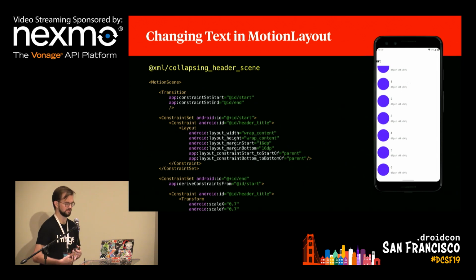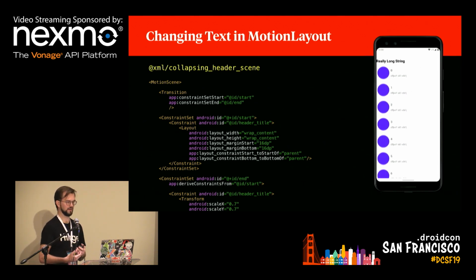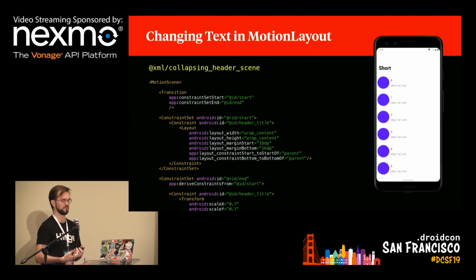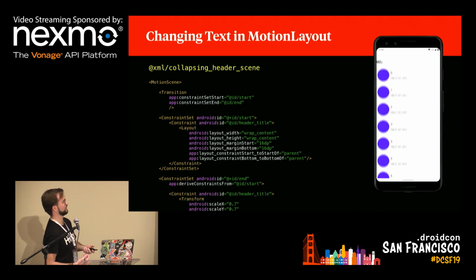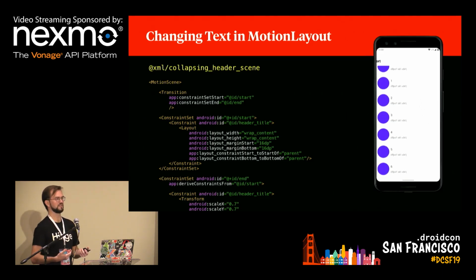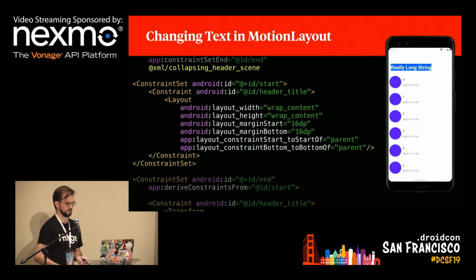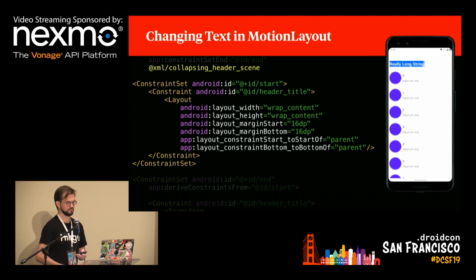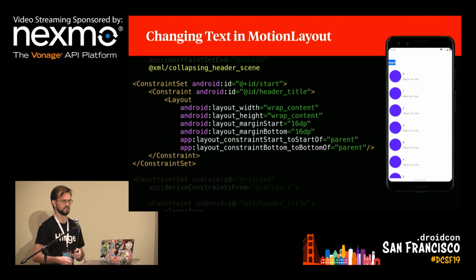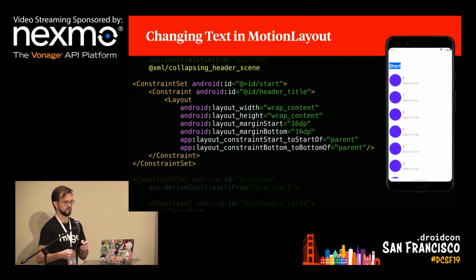Changing text in motion layout is really interesting. I've run into lots of text things that my product and design people want me to do. And as you can see here, it's kind of weird where I'm doing the scaling thing that I just said was the best way to solve scaling text in a collapsing layout header, but it's kind of failing because it goes off screen. What's actually happening is because I'm doing wrap content on that text view, it is not keeping the same exact pivot point.